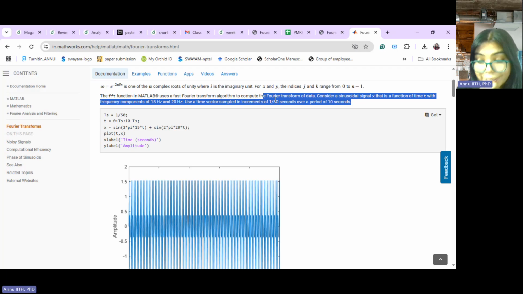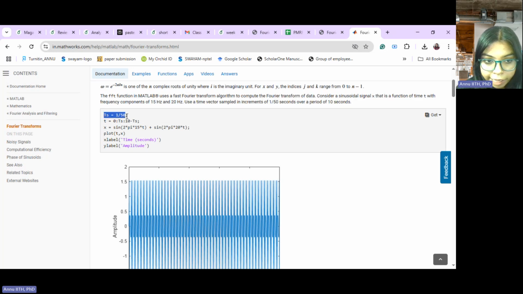Suppose you are closing a switch, taking samples at 1, 2, 3, 4, 5, like this. So Ts is 1 by 50, where t is equal to 0 to 10 minus Ts, with step Ts. Where x is sine 2 pi 15t plus sine 2 pi 20t, because we have a signal whose frequency is the sum of both components.